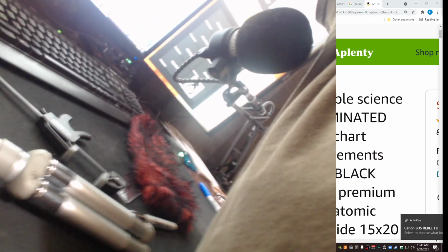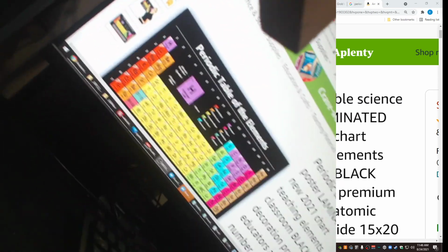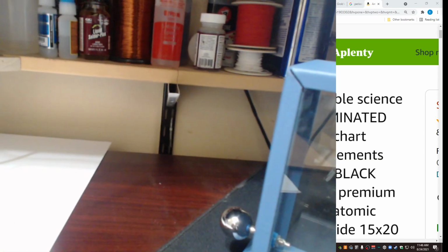Sorry, close your eyes if you get dizzy and motion sick. What just happened? I lost my face camera. Let's go with something kind of like a black background here. All right, that kind of works. There's a little bit of a reflection. That's okay, we can live with it. Let's go this way.